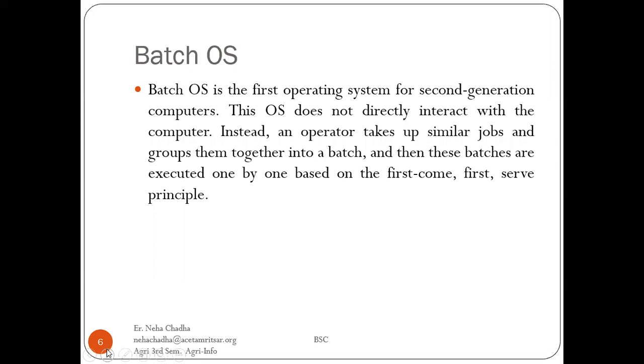In this, the operating system does not directly interact with the computer. Instead, there was an intermediate called the operator, who takes similar jobs and groups them together into a batch, and then these batches are executed one by one on a first come first serve principle.